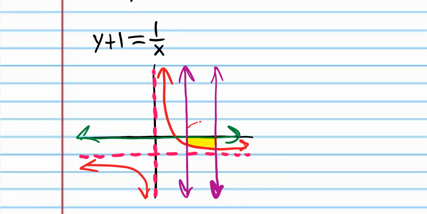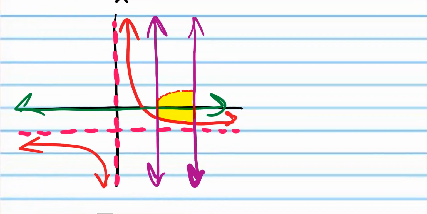So that gives us a shape that kind of looks like this. My graph isn't exactly accurate, but we're rotating and we're getting that shape. So it's kind of a little cup shape, and the cross-sectional areas are circles.